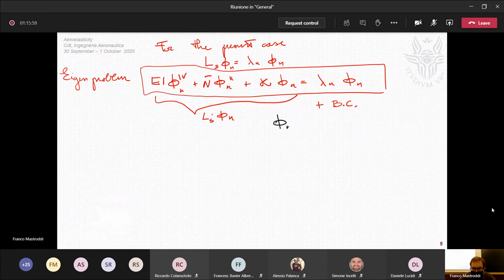Phi n of x is equal to sine. If you solve this, then you obtain this. We could do this. It is an exercise in structural dynamics. I will not do the exercise now.